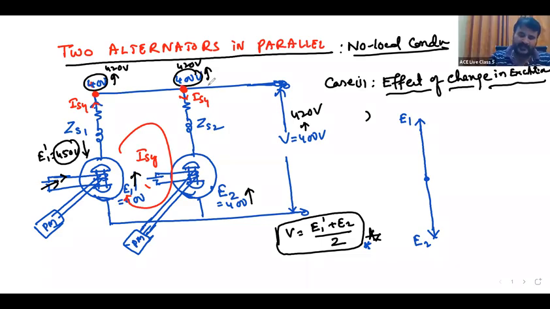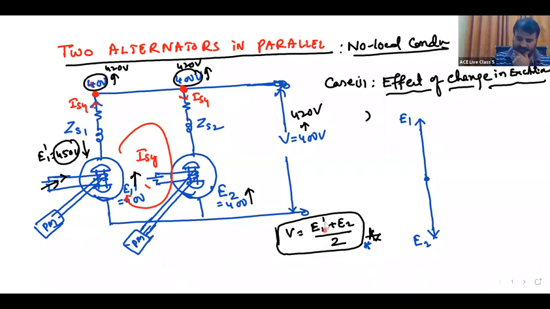Initially E2 also increases. V will definitely be more than E2. That is the reason we take V equal to E2 plus ISY. To maintain 400 volt, we have to decrease E2. Because if we made E1 dash 450, say, then E2 has to be decreased again, and only then will you get V. Then why not decrease E1 dash also, so that 400 volt can be achieved?